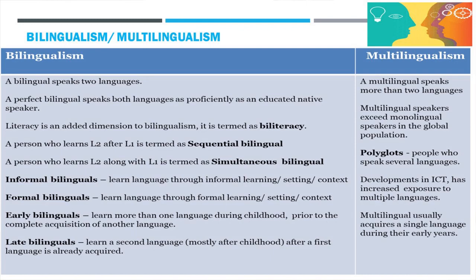Now, there are early bilinguals and late bilinguals, something that's similar to the sequential and simultaneous bilinguals. Early bilinguals learn more than one language during childhood, prior to the complete acquisition of another language. And late bilinguals learn a second language mostly after childhood, after a first language is already acquired. A multilingual speaks more than two languages.